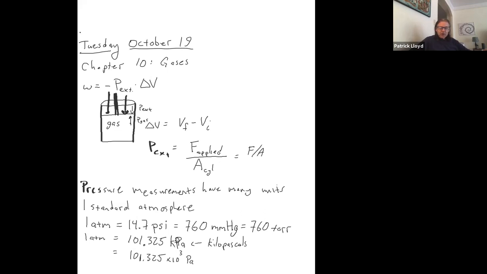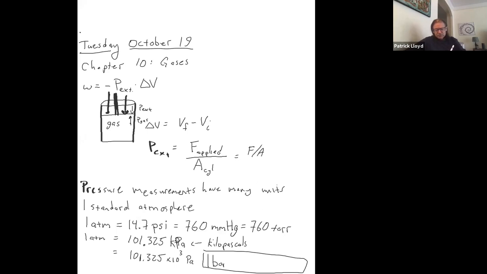Now, I'm going to give you one more unit conversion definition. If you look at that, 101.325 is pretty close to 100, and it's only off by about 1%. So often people will define another unit called the bar.